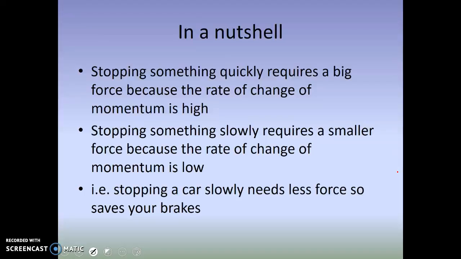You're changing that momentum over a longer period of time. So when you stop suddenly, you require a big force, so it puts more stress on the brakes because your momentum changes quickly. Whereas if you gently come to a stop, the force required is less, so the brakes are under less stress. Okay, so that's the end of that.